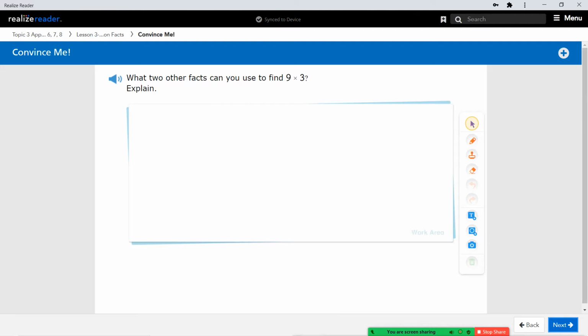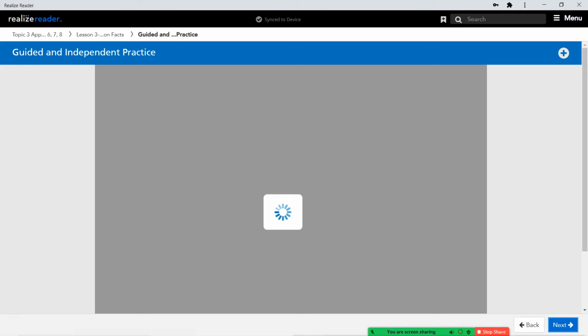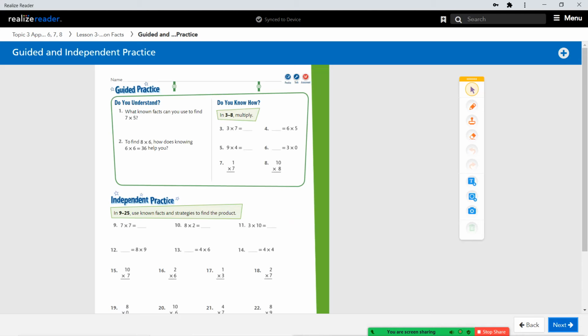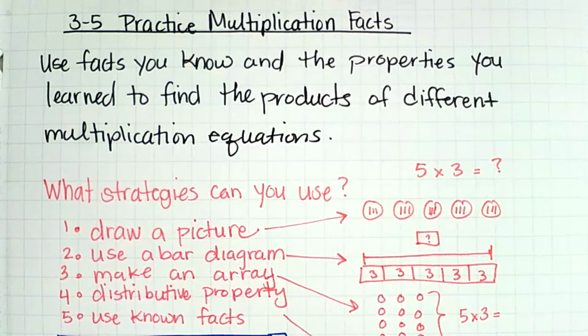Okay, now before we get into our guided practice, we're going to go over some of the notes from this lesson, and then we're going to come back and answer these questions. So, we can use facts that we know and the properties that we learned to find the products of different multiplication equations.